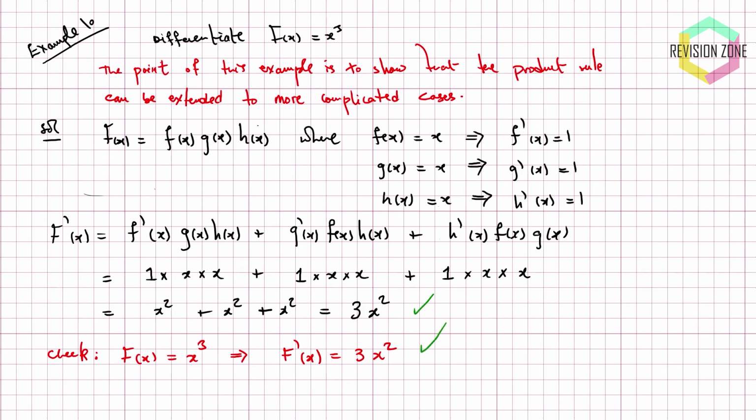And this should convince you of the fact that the product rule can be extended to allow us to differentiate very, very complicated looking functions. Because you can only imagine if I had something horrible where 3 or 4 functions were being multiplied, I can then pick the f, g, and h in a way where I can differentiate each one of those functions, and then I can use that formula to differentiate the overall nasty function.